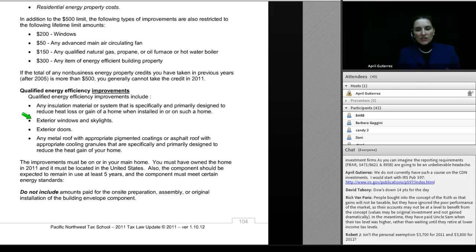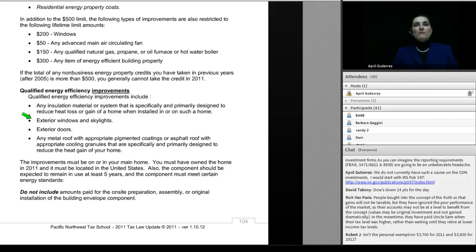So windows, insulation, new roofing that has heat reflective coatings on it and so forth, the credit is based on 10% of the cost of those improvements, not including labor. So if you were to insulate your house and it cost you $3,000, the majority of that cost is probably the labor involved with putting the insulation in.